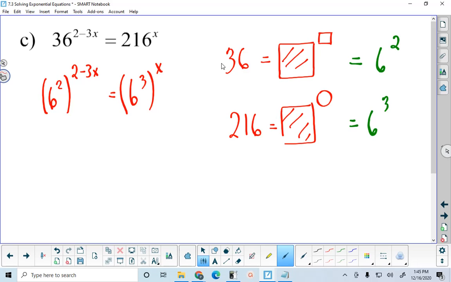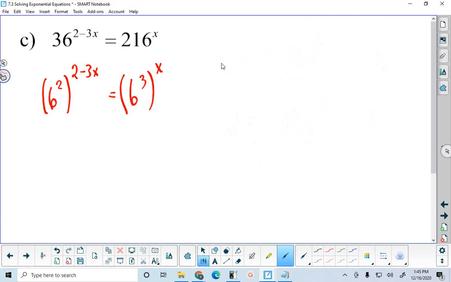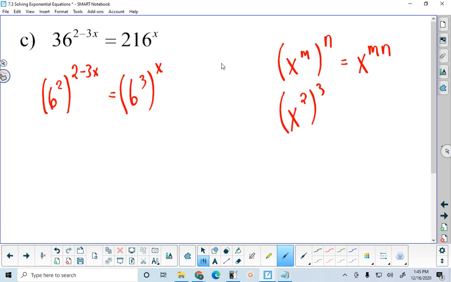Now we can't drop the exponents yet. What we need to do is go back to grade 9 and 10 math and remember something. When you have a base raised to an exponent and the whole power is raised to an exponent, that's called a power of a power, and it's simplified by multiplying the exponents. For example, x squared cubed is x to the 6.